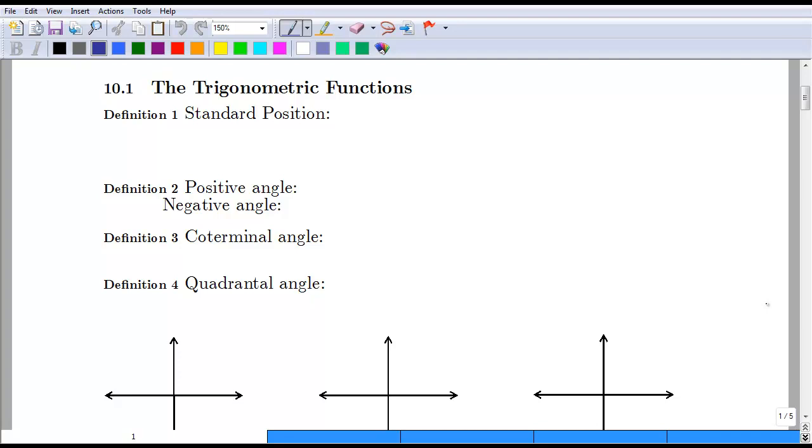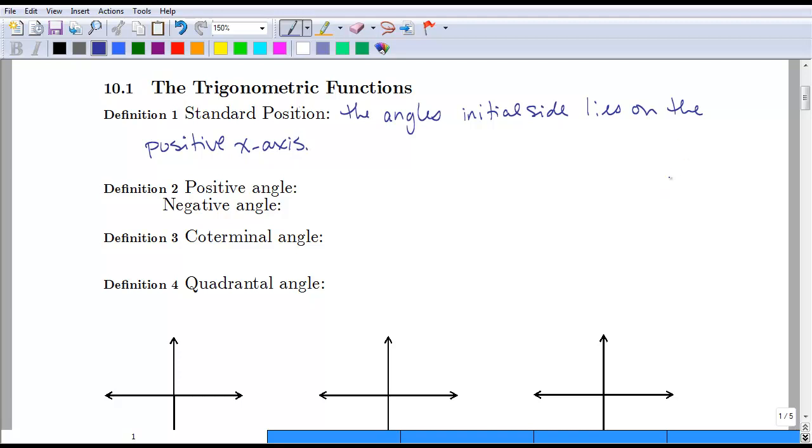And if you remember, any angle has an initial side, the starting side, and a terminal side. So for an angle to be in standard position, the angle's initial side lies on the positive x-axis.